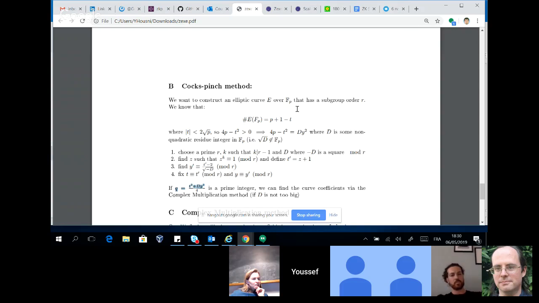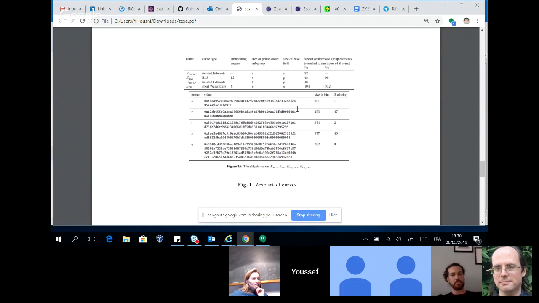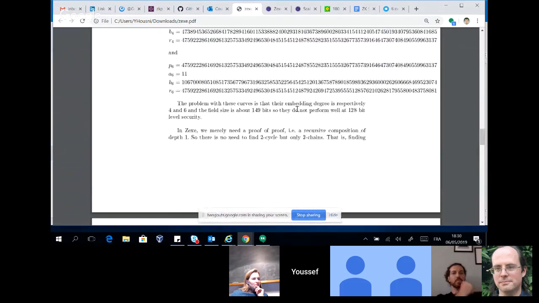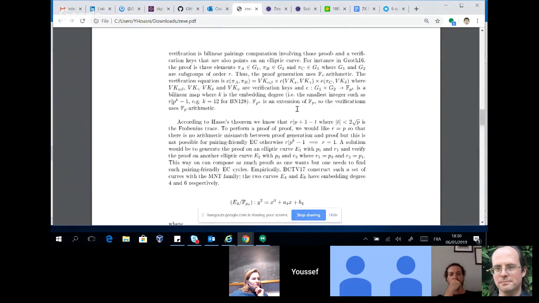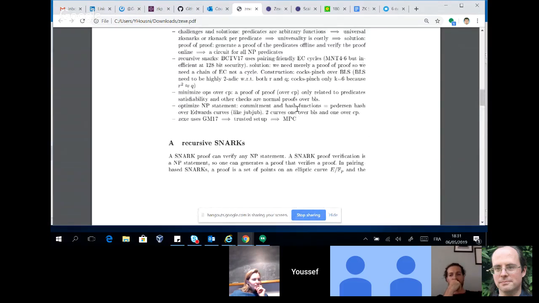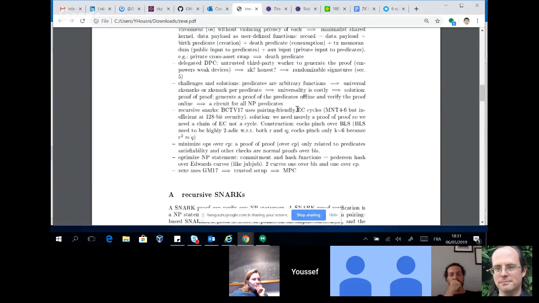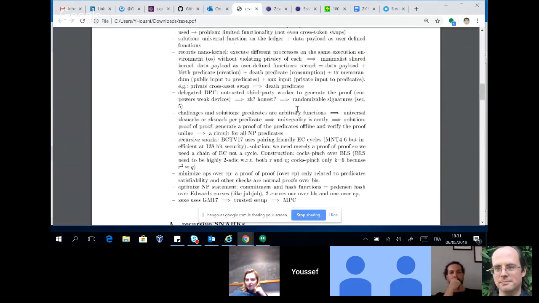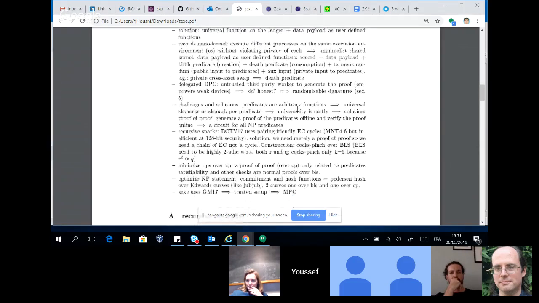So this is a problem, because if we take, for example, a BN elliptic curve, or any elliptic curve that has a security level of 128, we want the prime field size to be 256 bits, because we want it to be secure against the Pollard rho algorithm, or baby-step giant-step, that has a complexity quadratic in p.